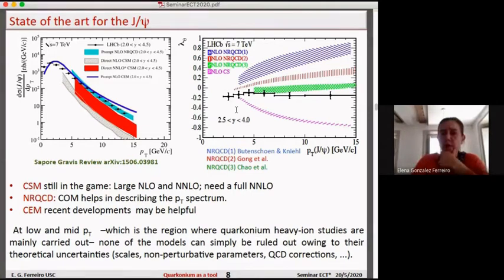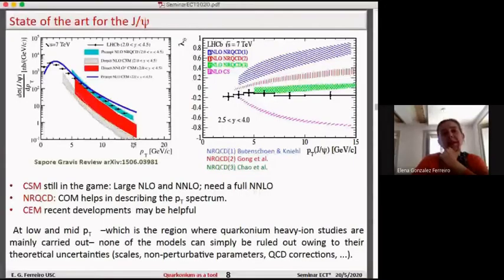Well, what you can see here is that all the models are still in the game. This is polarization. These are the cross-sections for the J/psi production. And you can see that, of course, at high pT, the models that take into account color octet emission agree better with the data.